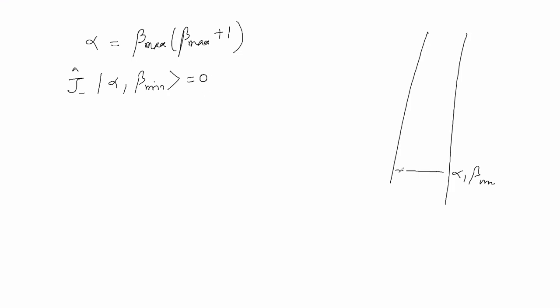Yes, this will be equal to 0. We are only at the lowest state defined by alpha beta min, and if we want to further operate by a lowering operator, this should be equal to 0.